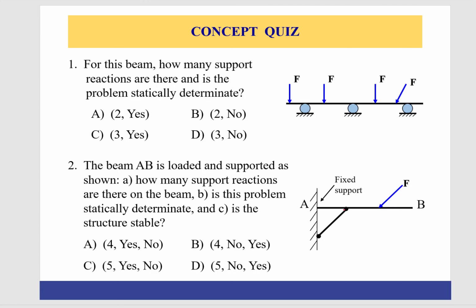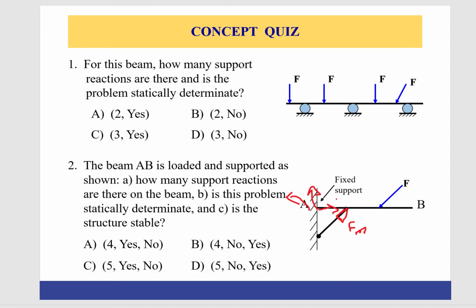So what we get is another unknown force here, which we call the force of the member, and we have here also Ax, Ay, and also a moment. So 1, 2, 3, 4. We have four unknown reactions. We have only three equations we can obtain. So it's statically indeterminate, right?